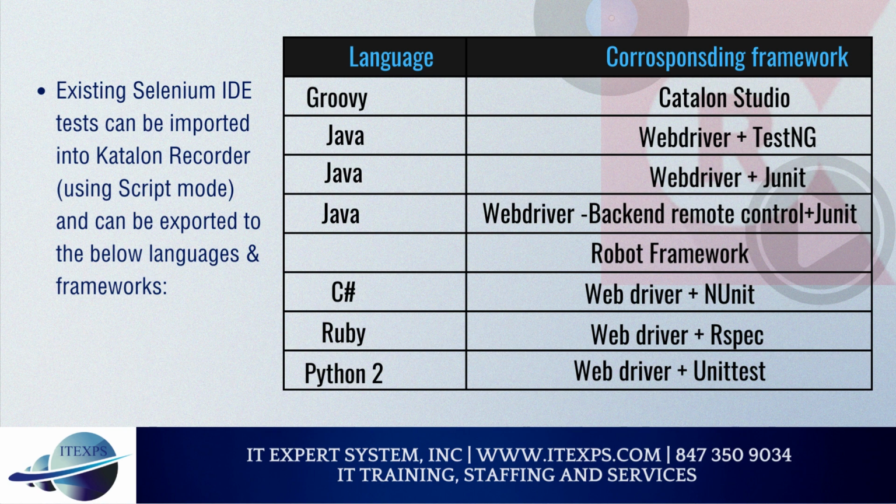Language: Java, corresponding framework, WebDriver-backed remote control plus JUnit. Corresponding framework, Robot Framework. Language: C#, corresponding framework, WebDriver plus NUnit. Language: Ruby, corresponding framework, WebDriver plus RSpec. Language: Python 2, corresponding framework, WebDriver plus unittest.